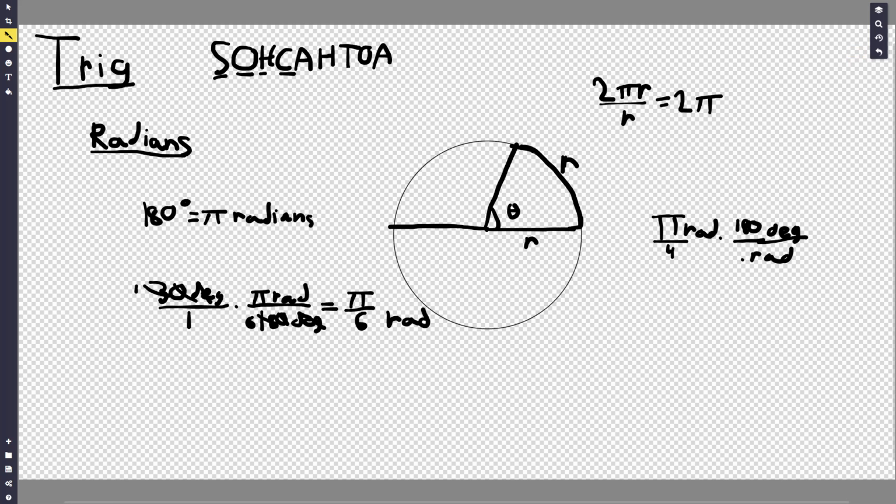Okay, and sorry, I've got to write pi. Now, how can we do this right here? Well, we can cross out the label radians, and we can cancel out the pi, so we get 1. So we're left with 180 divided by 4, which is equal to 45 degrees. So that is a simple way you can convert between radians and degrees.